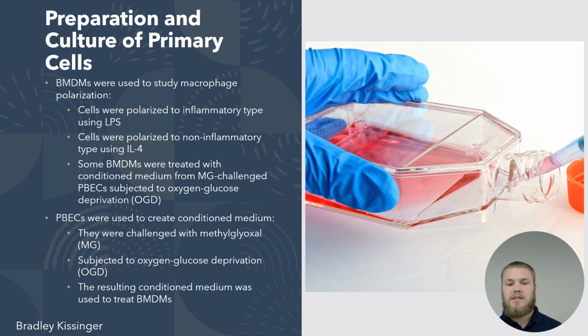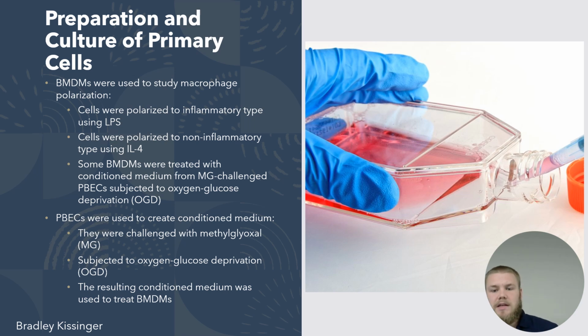They treat it with CSF1, which stimulates the macrophage differentiation that will eventually lead to the BMDMs, or bone marrow derived macrophages. On day 3, after they've been treating for a while, they switch from 25 millimoles to 5 millimoles of glucose, which is a normal level for the mice. On day 7, they stop the CSF1 treatment and polarize the macrophages fully in that time.